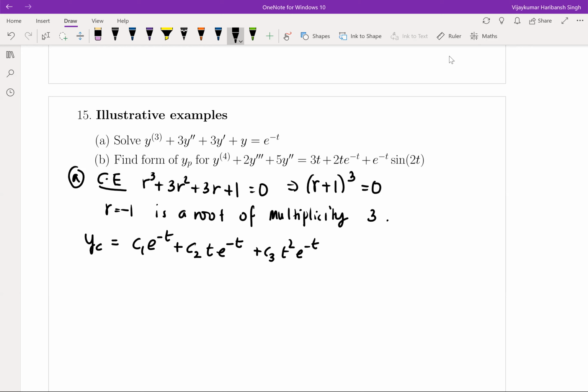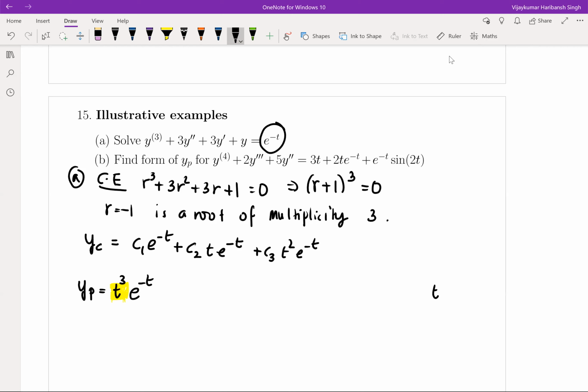Now, for yp, we take e to the power minus t and multiply it by some power of t. This power is how many times minus 1 is a root. It's a triple root, so it is going to be t cubed times e to the power minus t.